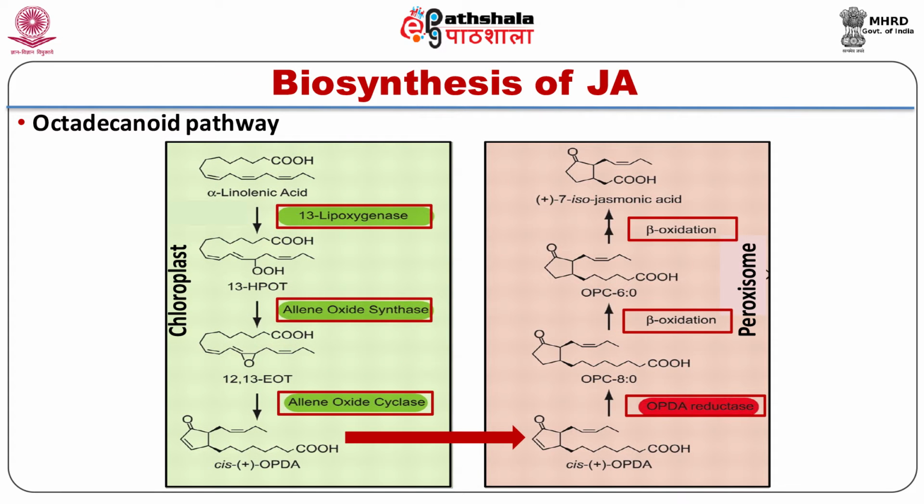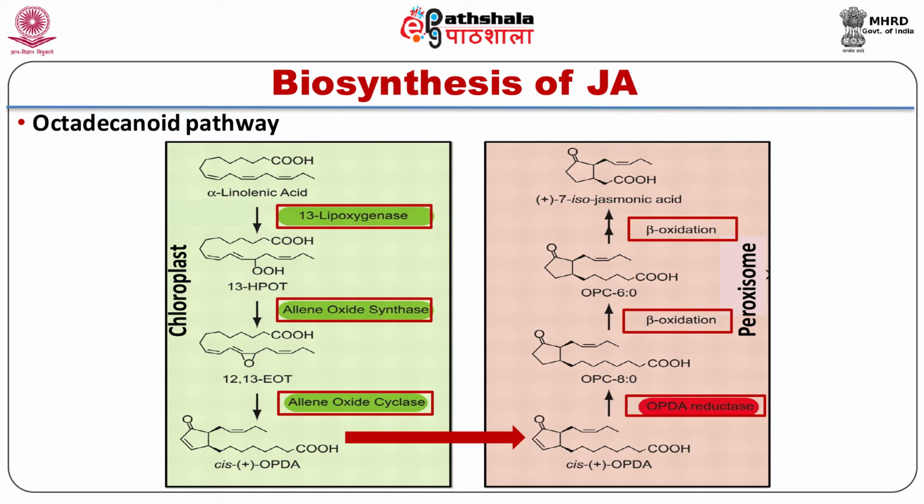After this, OPDA is transported from the chloroplast to the peroxisome, and its movement is facilitated by the ABC transporters. In the peroxisome, the olefinic bond of the cyclopentanone ring is reduced by the enzyme OPDA reductase, and NADPH is used as a cofactor.